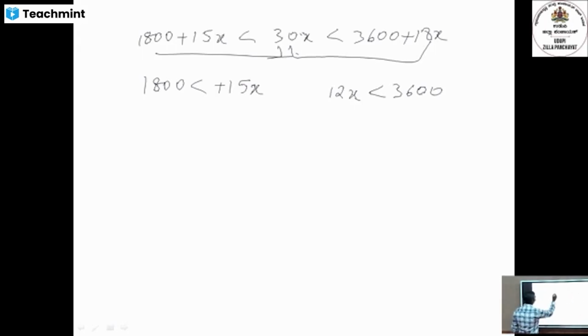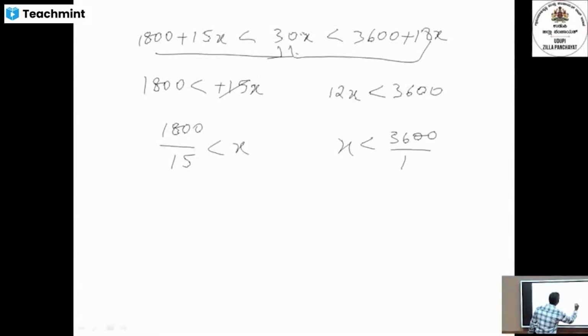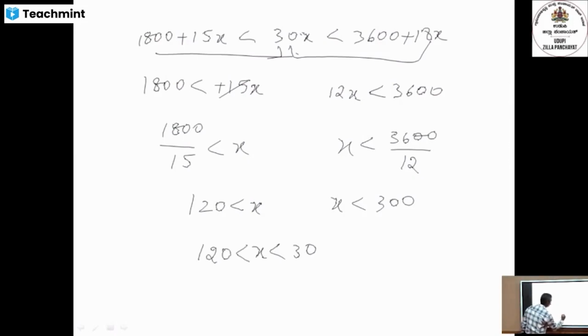So 1,800 divided by 15 is less than x, and x should be less than 3,600 divided by 12. This simplifies to 120 less than x, and x is less than 300. So x is in between 120 and 300.